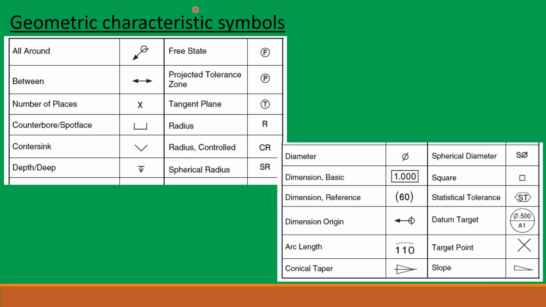A number of other symbols used with GD&T are listed here. This column represents name of the symbol, and this is the symbol.